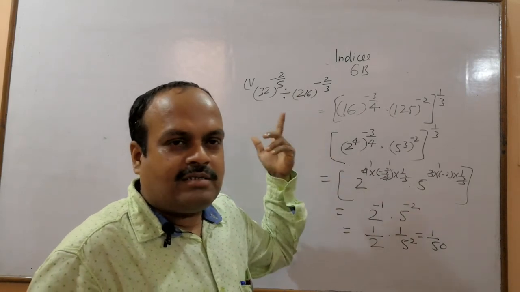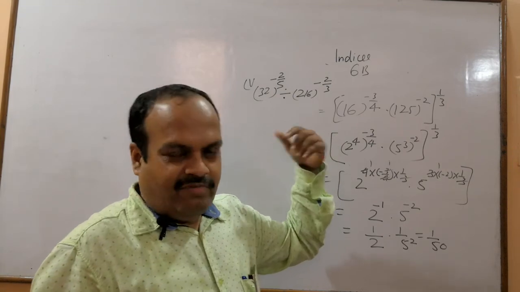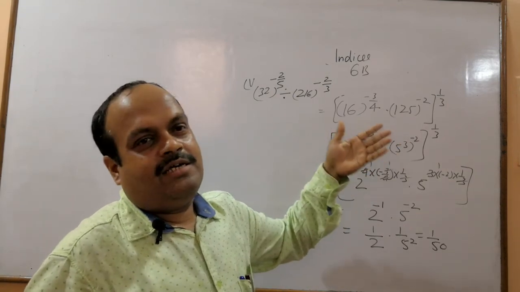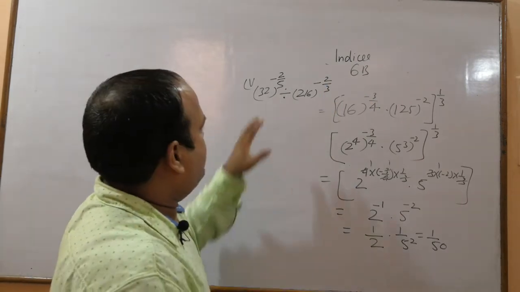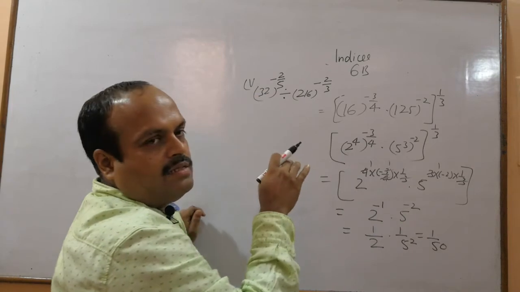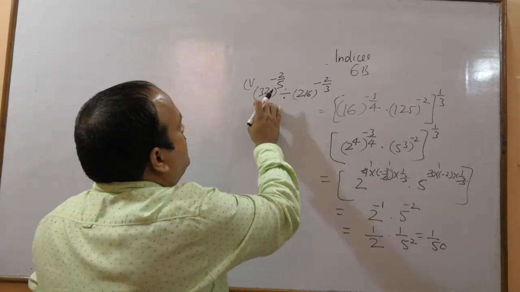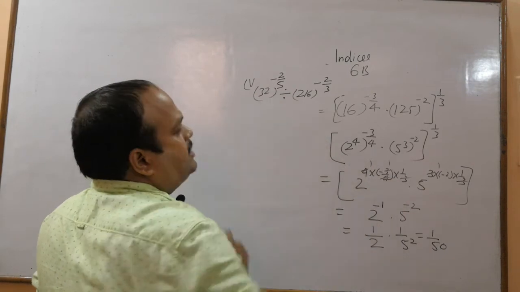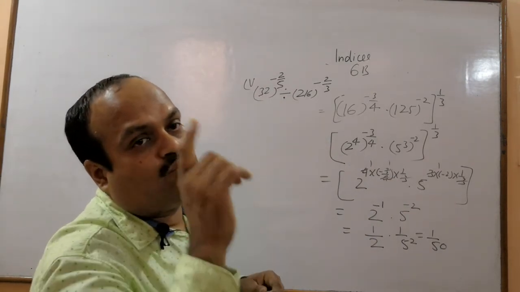So bases are not equal, but we can try to get the bases same. Let us write this 32 in the exponential form as 2 to the power 5.